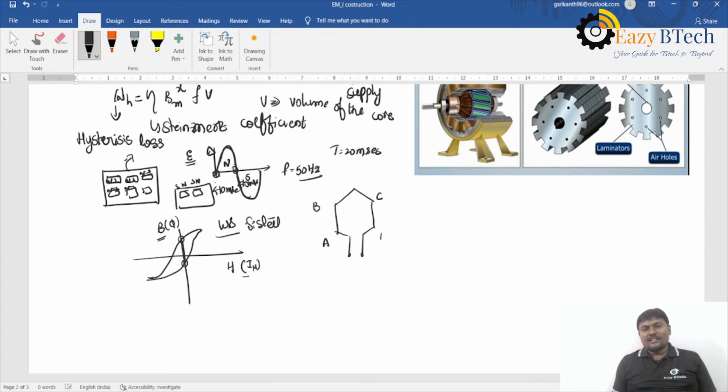So we are taking a single turn alternator. One turn means two conductors.